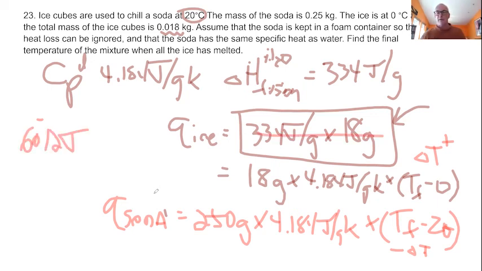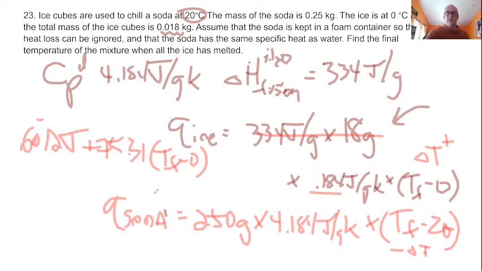So that's what that one is. Plus this times this is, what was it? 7531 times T final minus 0.